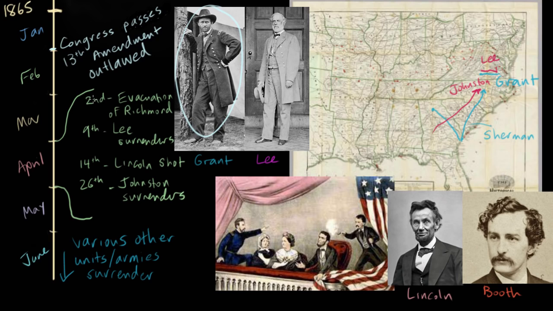And Abraham Lincoln himself actually goes down to visit Richmond, which he'd never been to before. He even goes to the government building where Confederate President Jefferson Davis had governed, and goes into his office. He's there less than 48 hours after Davis himself had left.